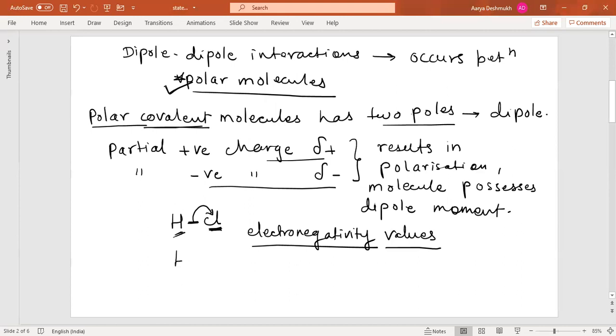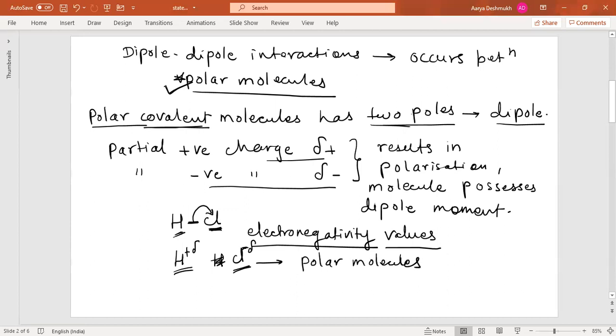And there is a development of partial positive charge on hydrogen and partial negative charge on chlorine. And thus there is a formation of a dipole, and this formation of two poles gives the polar character to this molecule.